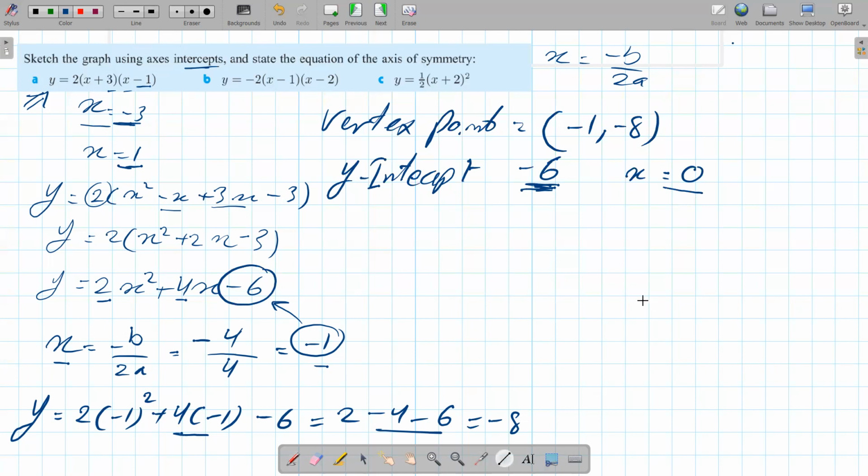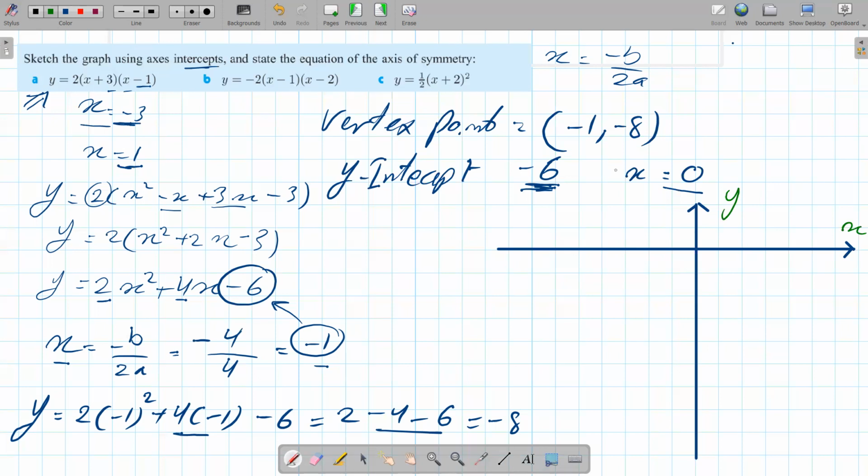Then we're gonna graph the equation. Here we have negative 8, which is the vertex point, okay. This one represents the x-axis and this one represents the y-axis. And we're gonna graph our quadratic equation by plotting the critical points, here x and here y.